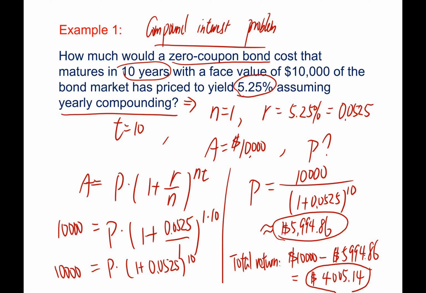And typically for this, most bonds are quite safe, although the interest rate is not as high as stock investment, but they are safer. So that's why the safer the investment, they usually pay a lower interest rate, right?